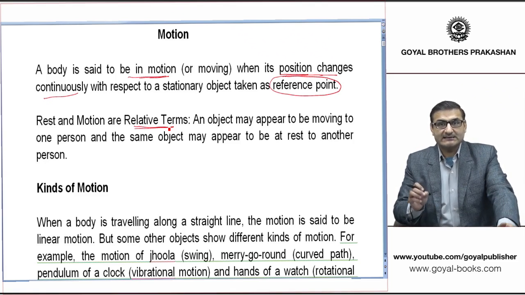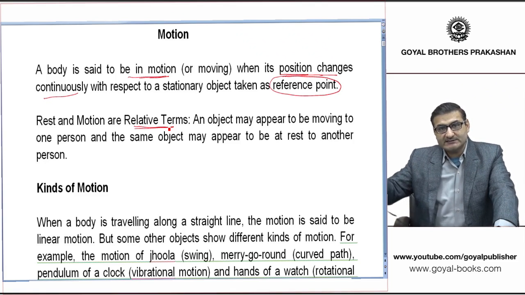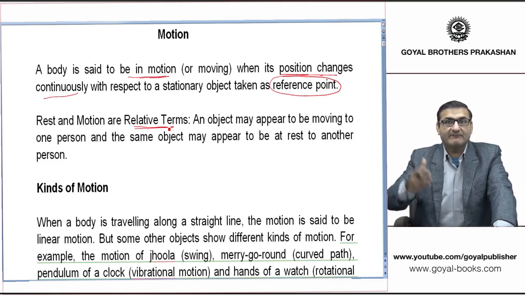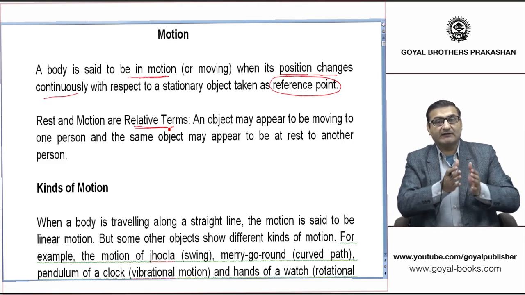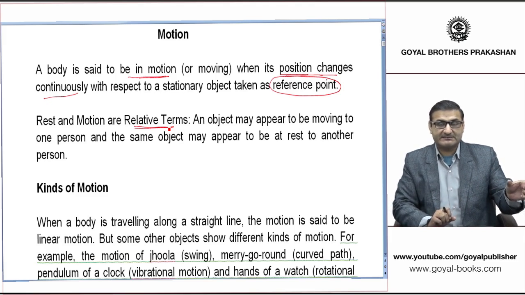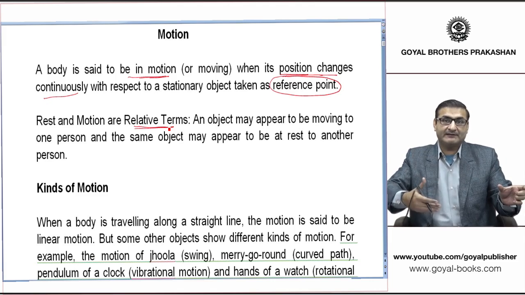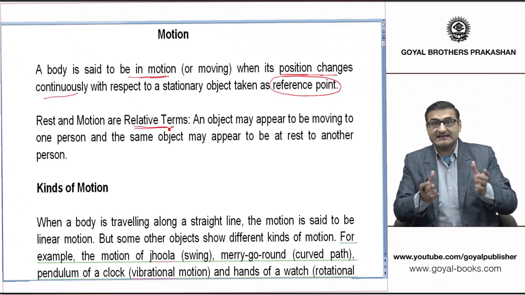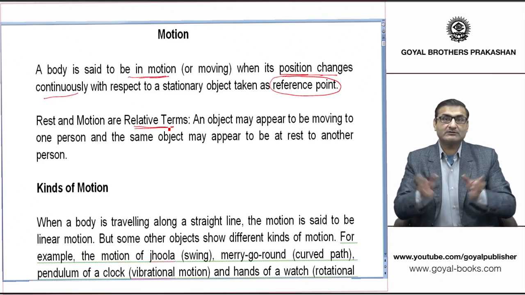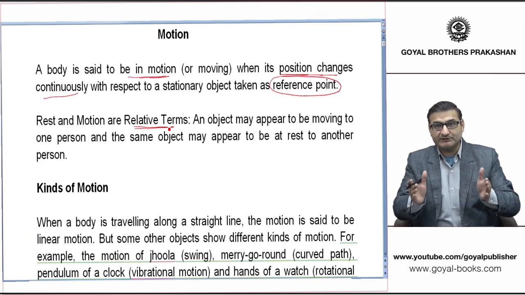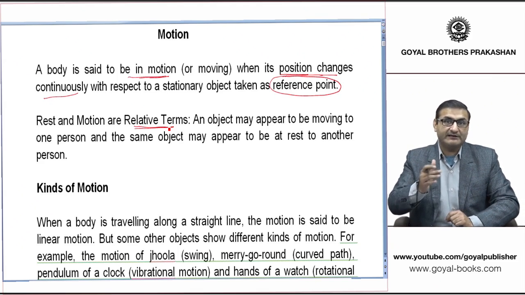But let us consider a fellow passenger who is sitting next to us. In comparison with the fellow passenger, 5 minutes back I was at the same position, and after 10 minutes too, we are both stationary with respect to each other. Why? Because both of us are at fixed positions, not changing positions with respect to each other.